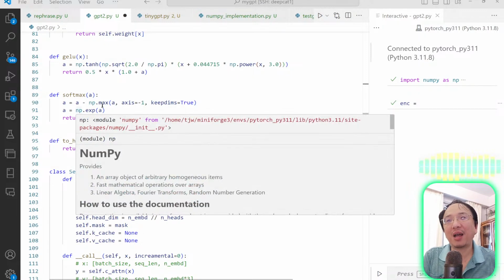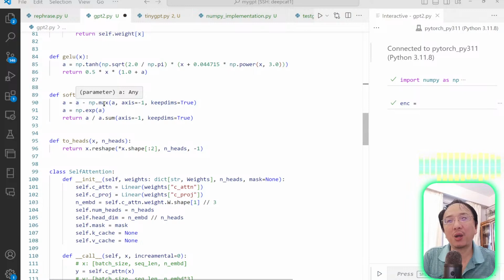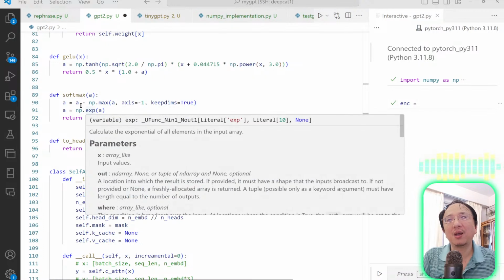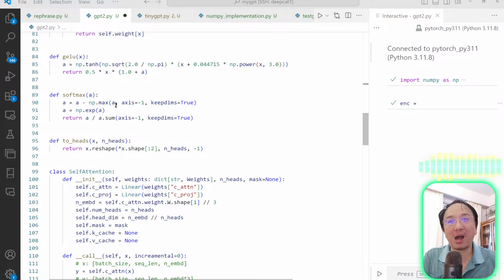However, if I do this operation first, it will be more numerically stable, because we're going to take an exponential right here. If the largest value is so large, the sum of them might be very huge and might go to infinity.